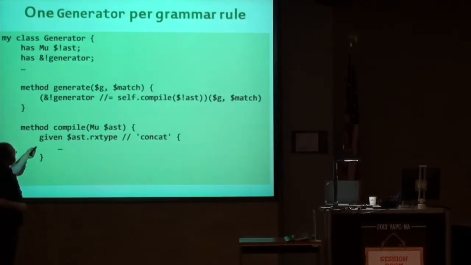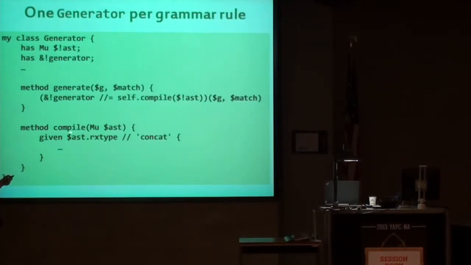So what I do, the first time we call generate, we don't have a generator method yet. That's just an attribute that's going to hold some code. And this is an attribute that contains the AST. So we just use the defined OR, and if we don't have one of these, we go off and compile it based on this AST.